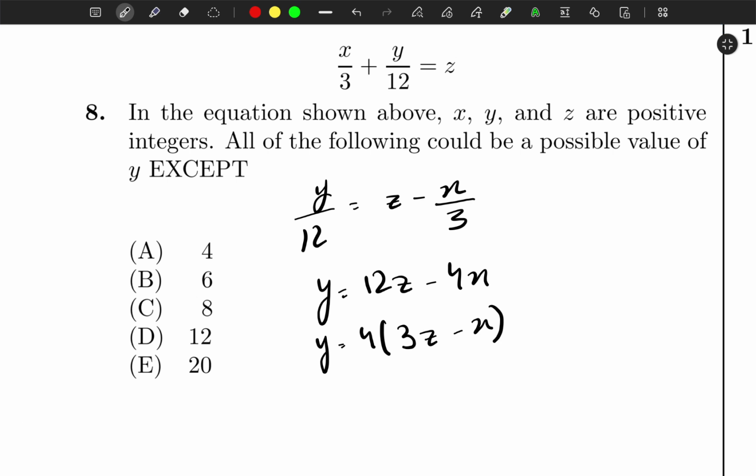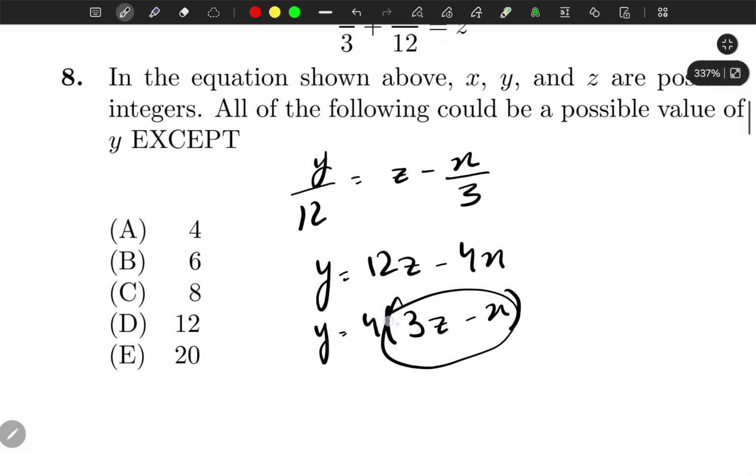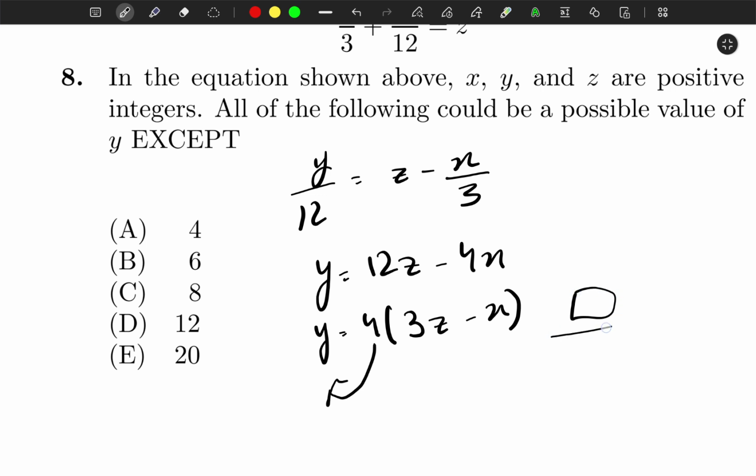Okay, so alright, so because this also has to be an integer, right? Y has to be an integer. So I guess we can say that y will have to be a multiple of 4, because this 4 eventually has to go and divide on the other side. And if it's not a multiple of 4, we're gonna get a fraction, right?